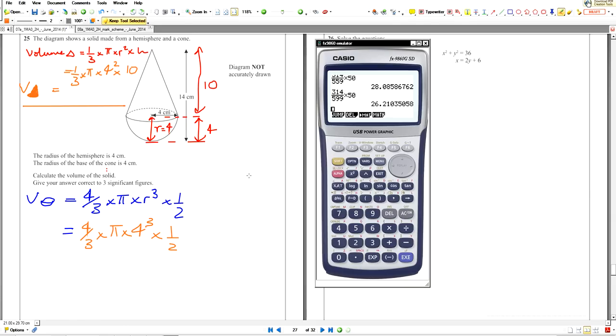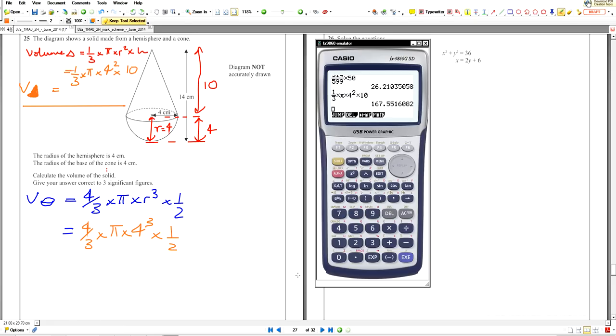Okay, right. We have 1/3 fraction, replay, times by shift pi, times by 4 squared, times by 10. Whoops, let's go back. Okay, let's delete that one, it should be 10.